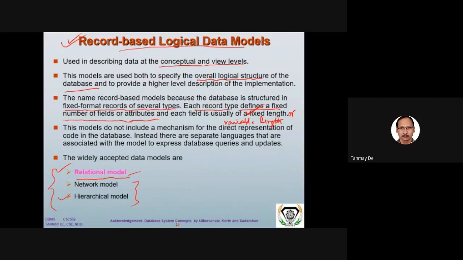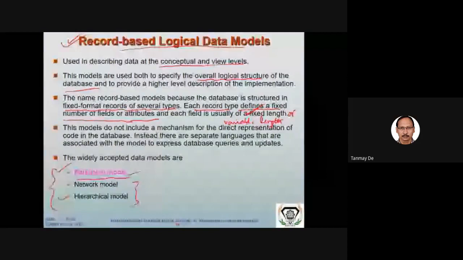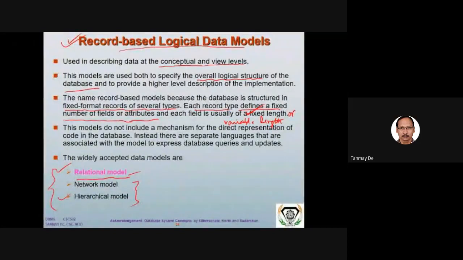In the past, network and hierarchical models were also popular, but in the present scenario they have been superseded by the relational model, which means very few organizations use the network and hierarchical models.